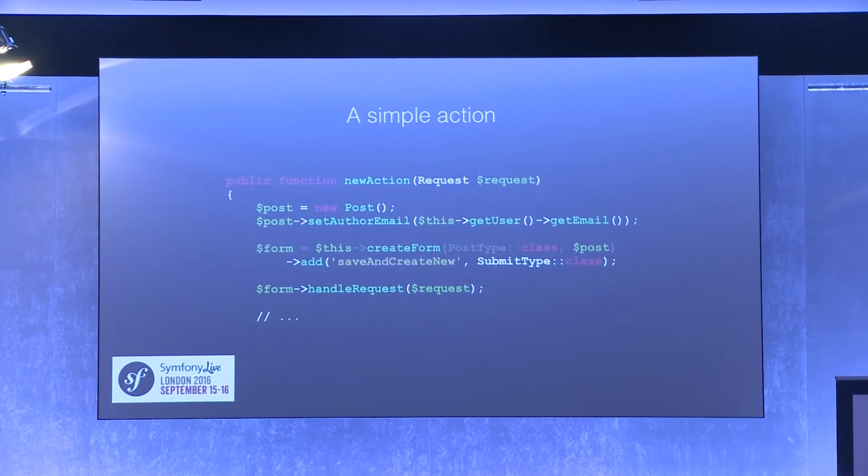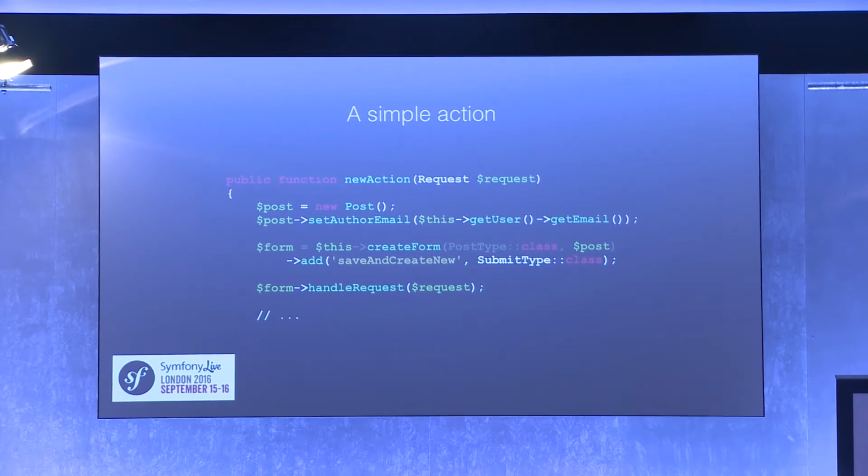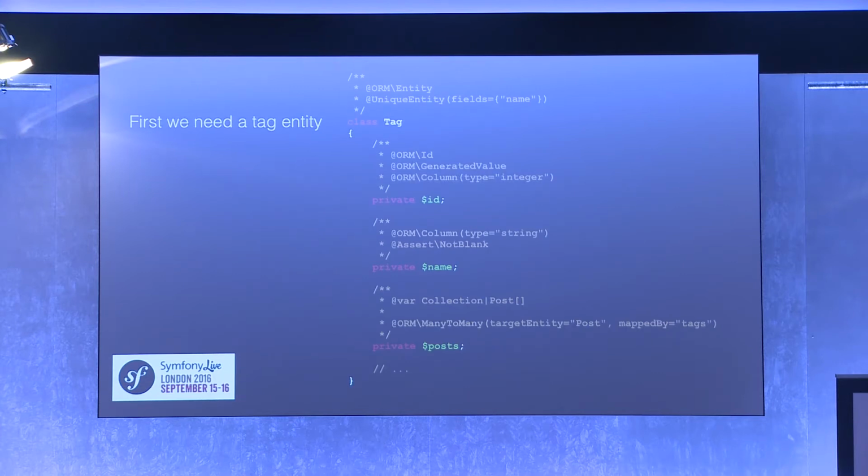And a simple action. We build our form types from this, and with these 2 lines, it manages all the things for us. But we need some tags. So we start to add it to the post entity with a many-to-many relationship, and a unique entity.